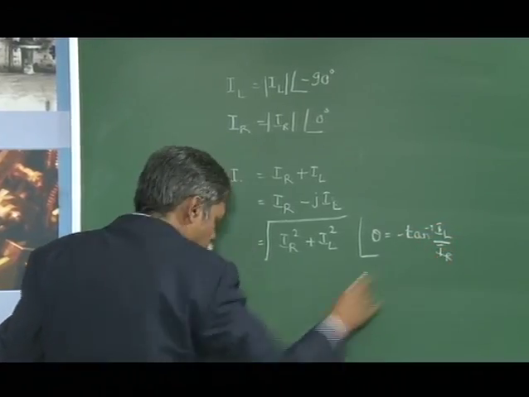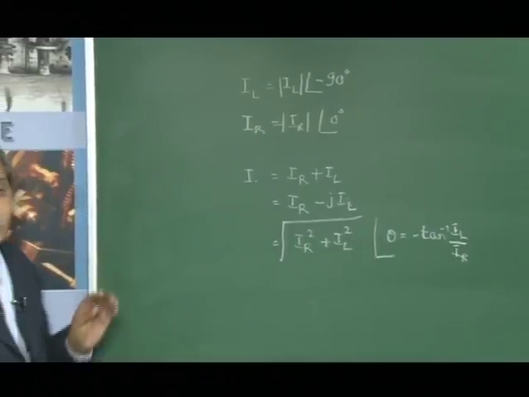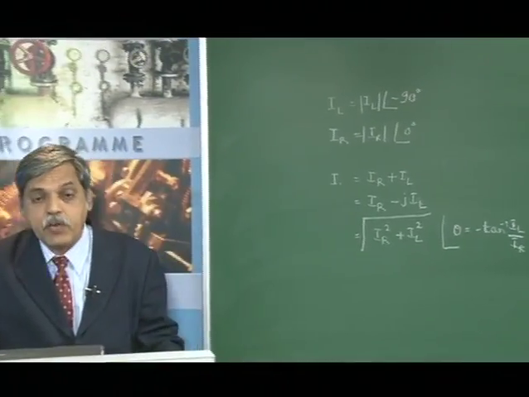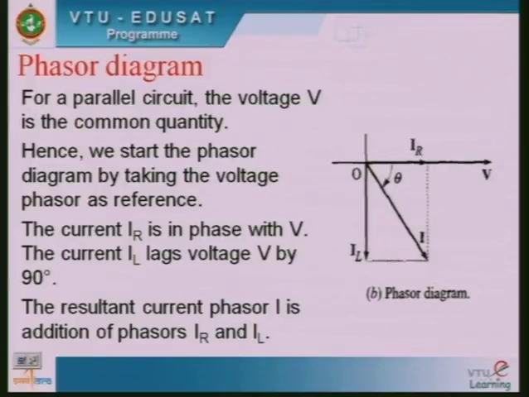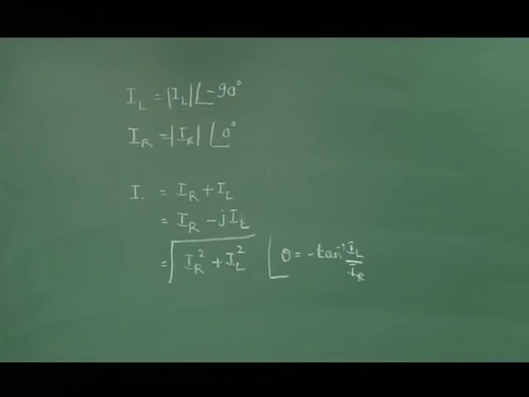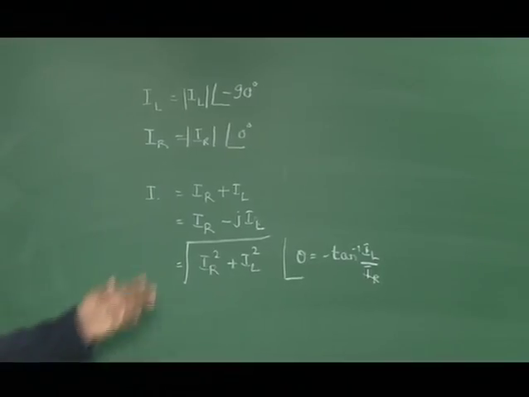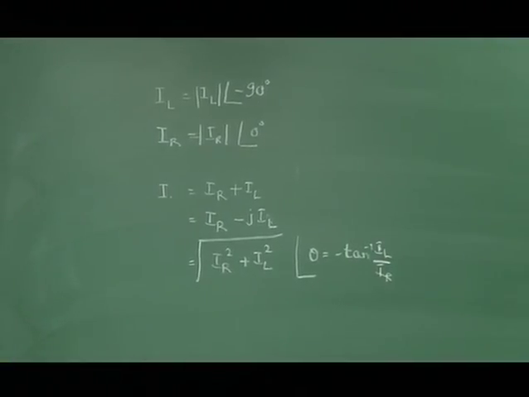This is the equation for the phase angle between the supply voltage and the total current. Now, if I write IL equal to V by XL and IR equal to V by R, I get the same expression for theta that I showed in the previous slide.